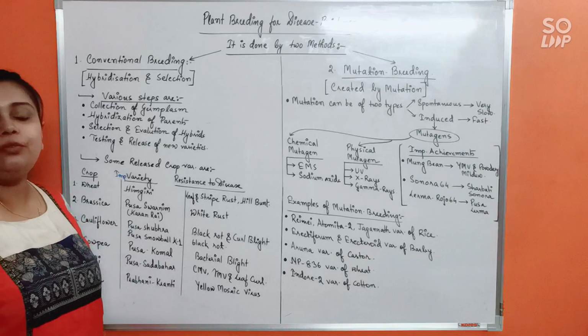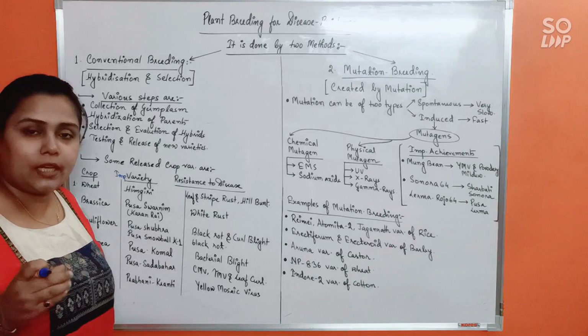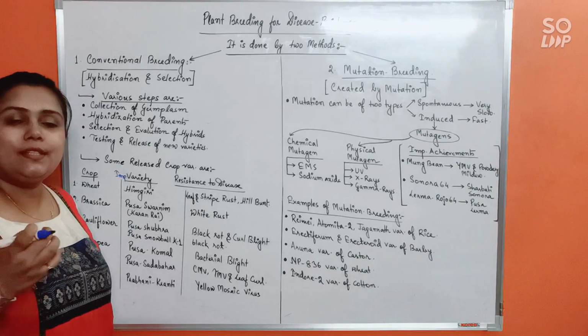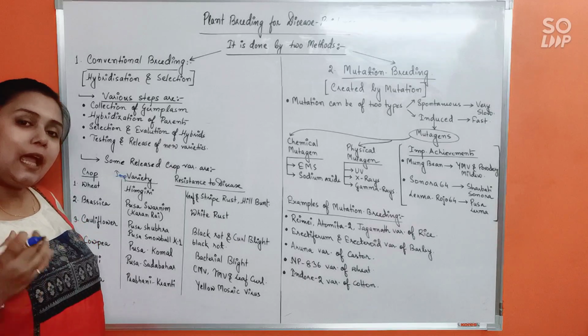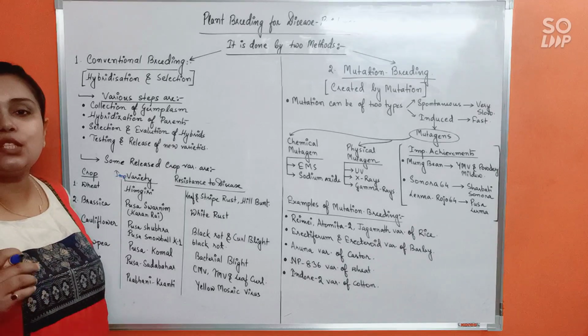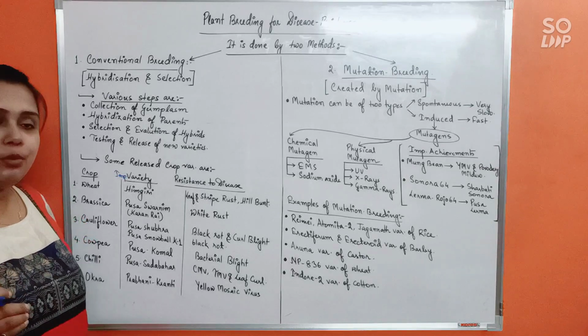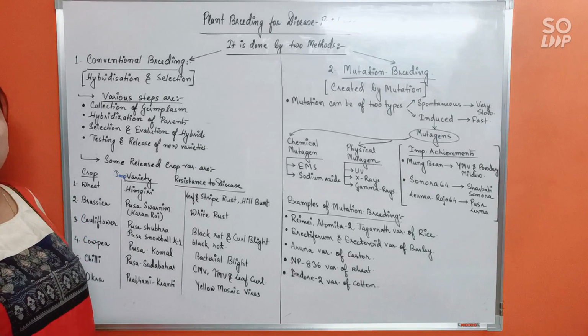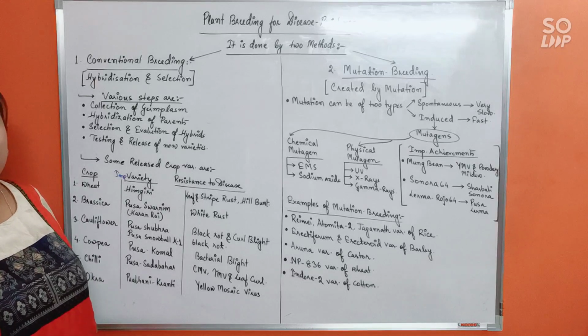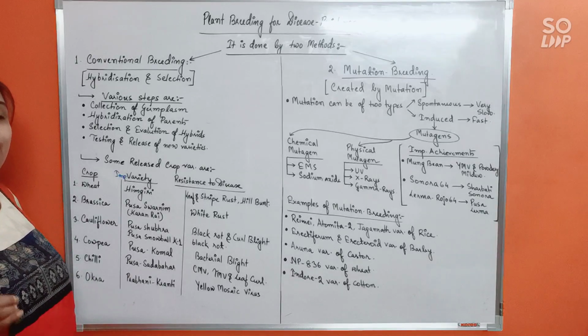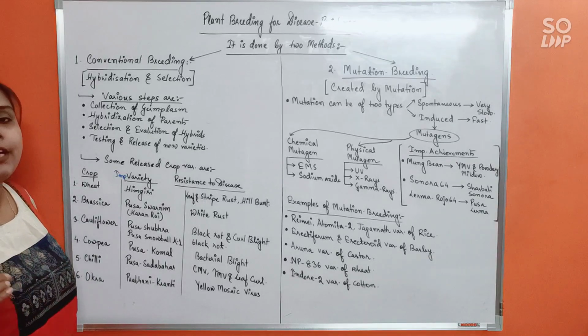Also, as I have told you, disease-resistant genes are mostly isolated from wild relatives. Likewise, by isolating a disease-resistant gene from a wild relative and introducing it into a new variety of okra, or bhindi, we get a disease-resistant variety of bhindi.